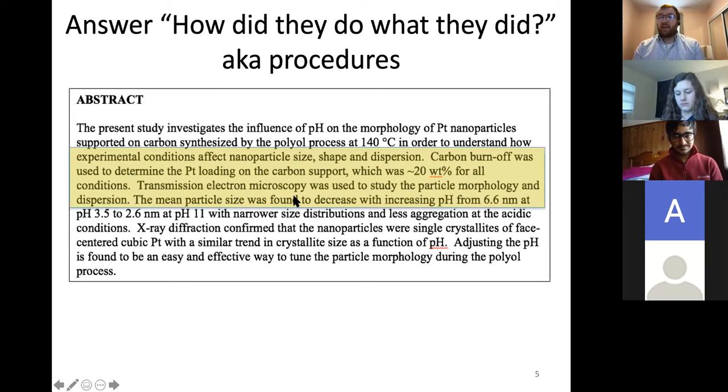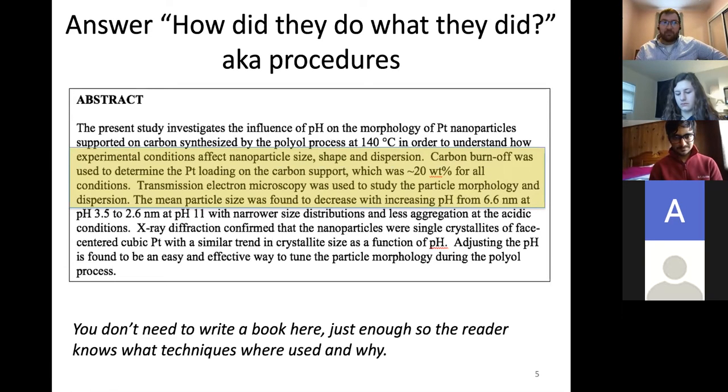TEM is a technique I used. You don't have to go into super detail. All you really have to do is say the techniques that you used, and then briefly say why. That's all you need. Again, with all of these things, you want to be concise. It doesn't have to be a book. Just make sure it has all the basic information that you need.